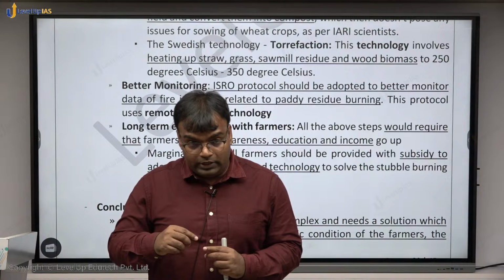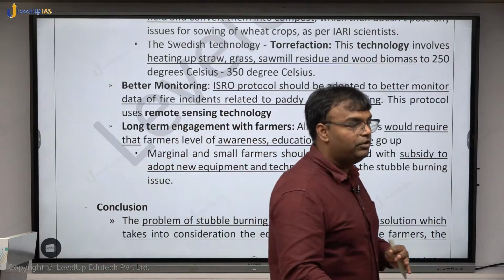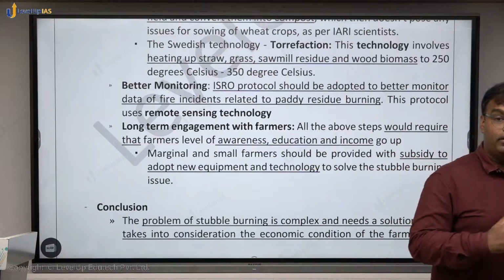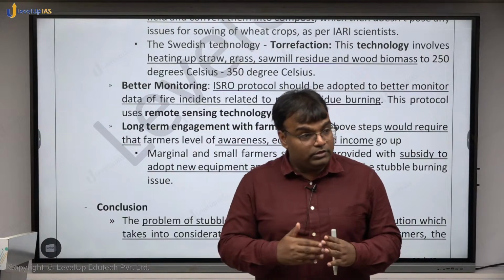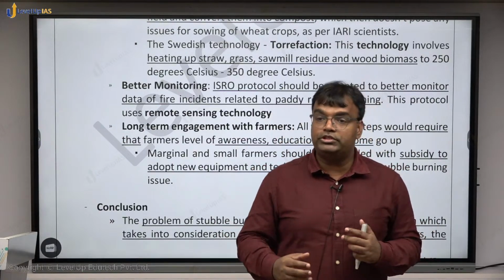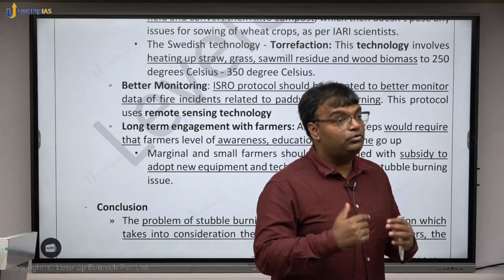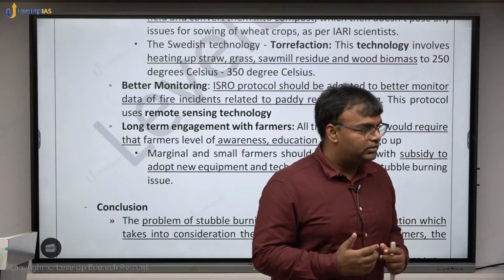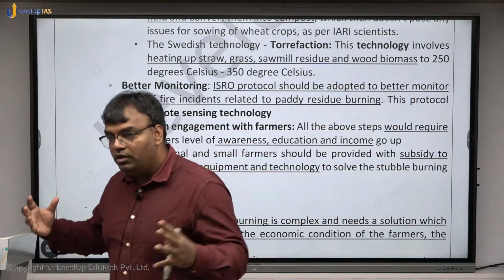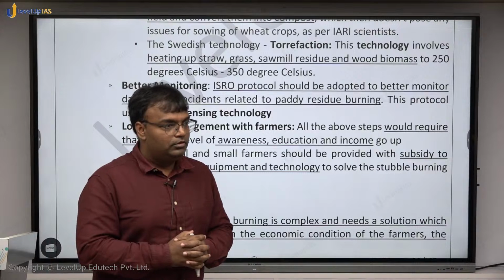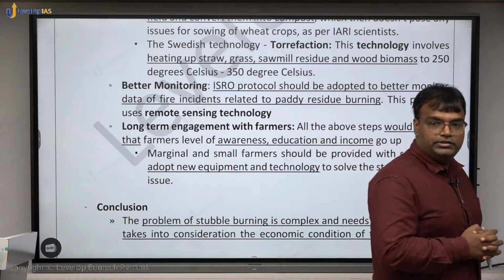So for any solution to stubble burning also, all the suggestions that we have made, we have to keep farmers in the loop, farm leaders in the loop, and engage with them regularly. पूसा decomposer जैसी चीज आती है, उसका penetration होने के लिए, if farmers are satisfied कि this is a good thing for them, they'll do that. आप cooperative बना के, you want to create power plants which will be able to use this stubble.